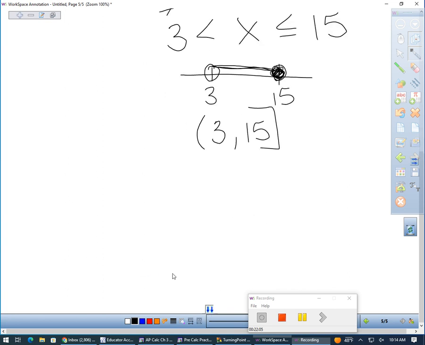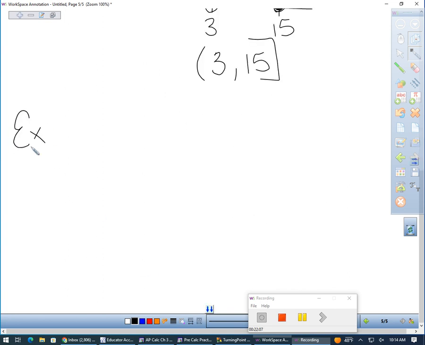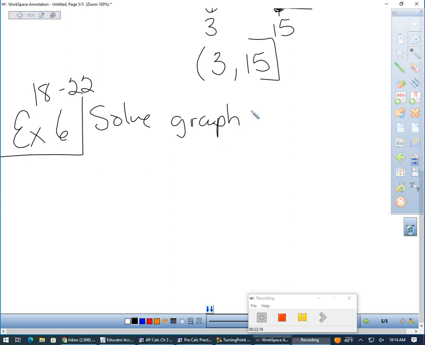All right. Example number 6. This is going to cover your 18 through 22. Then I'm going to ask you to solve, graph, and write interval notation.